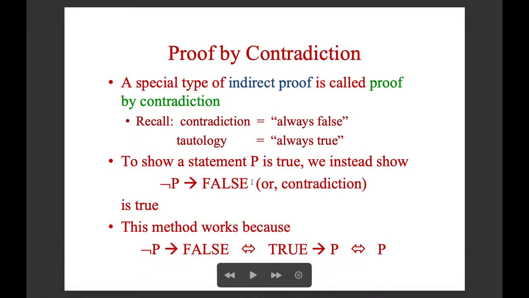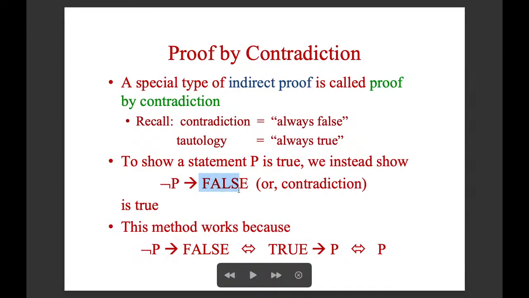So to show that a certain statement P is true is equivalent to T implies P, where T means always true. And T implies P is also equivalent, using the contrapositive, to not P implies false.